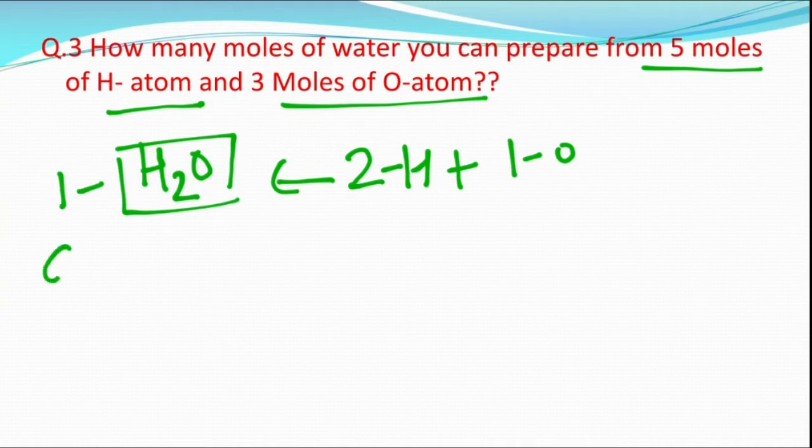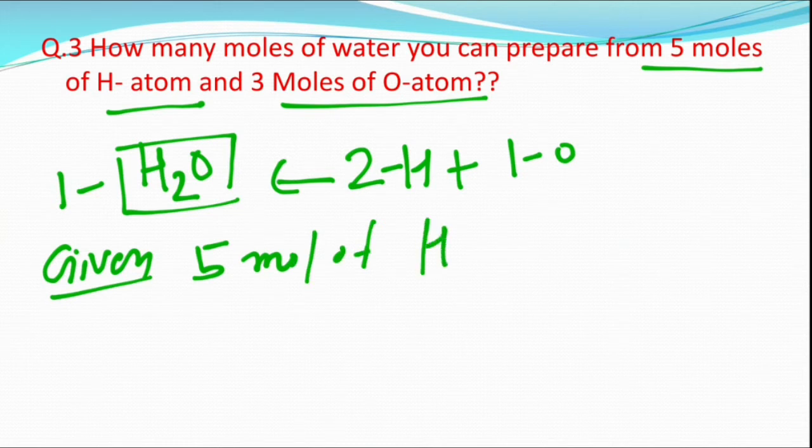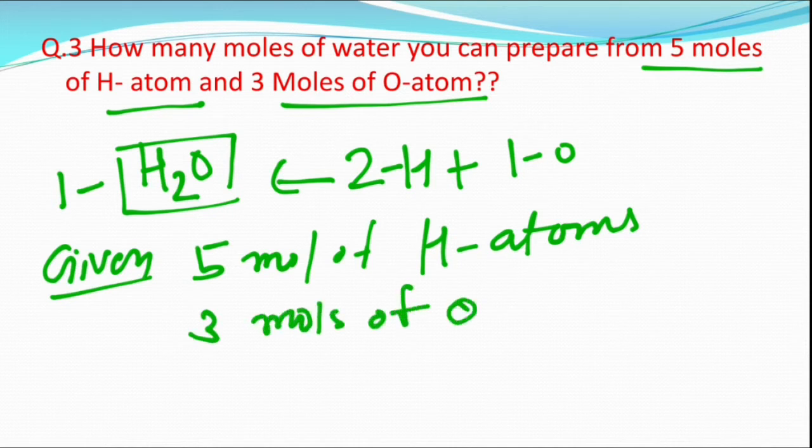Now what is given? We are given 5 moles of hydrogen atoms, and 3 moles of oxygen atoms.